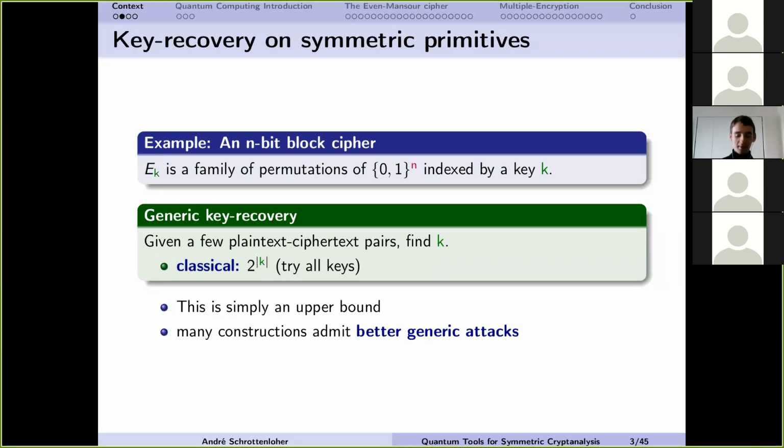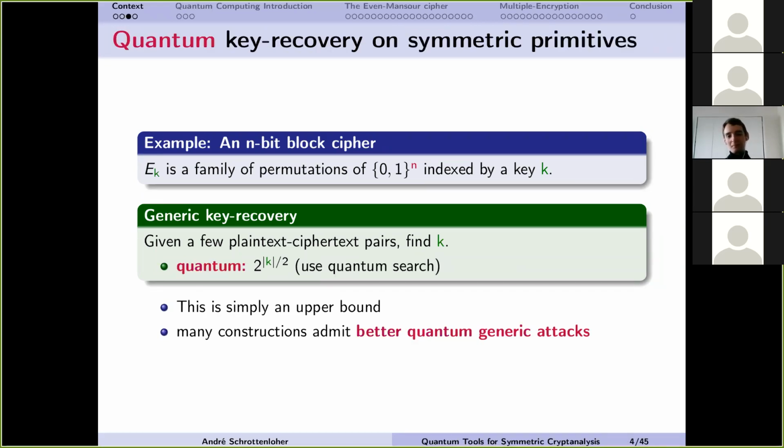But this classical exhaustive key search is simply an upper bound, and there are many idealized constructions of ciphers that admit different generic attacks. Now let's switch to the quantum setting. We still have all the same symmetric constructions, and now we know that we have a generic key recovery that always applies.